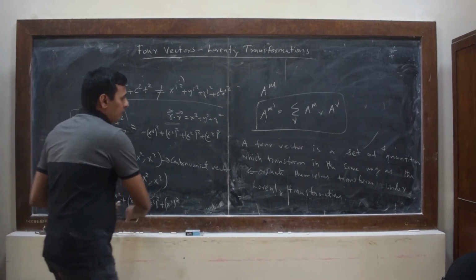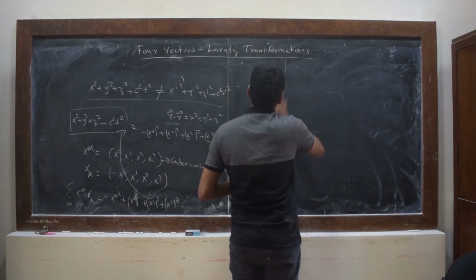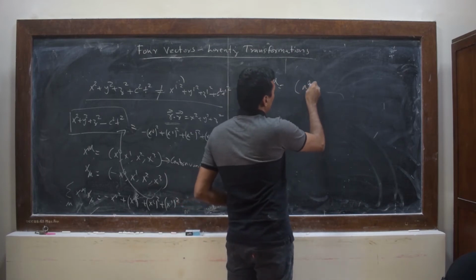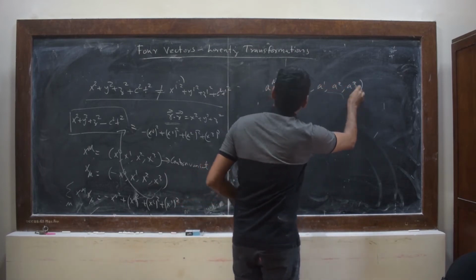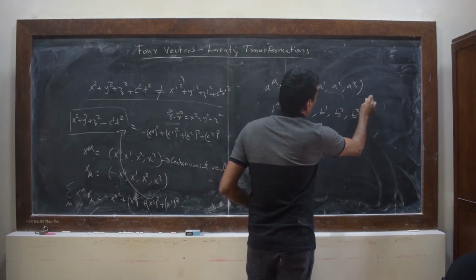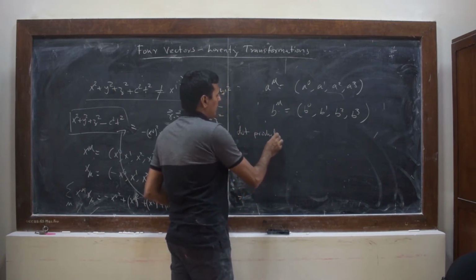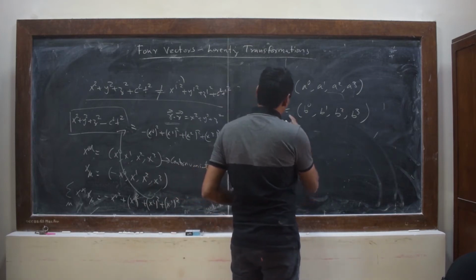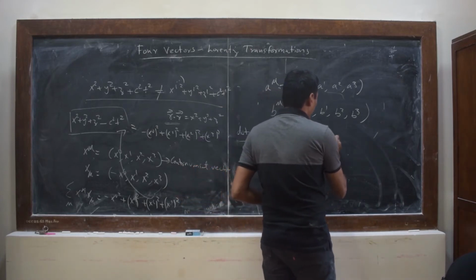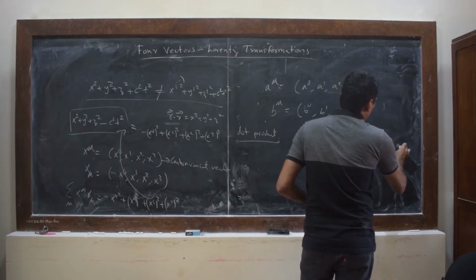Now instead of this, if you have two vectors a and b, where a mu is a 4 vector whose components are a0, a1, a2, a3, and you have another vector b mu equal to b0, b1, b2, b3, the dot product of these two is given as A mu B mu, which is equal to minus A0 B0 plus A1 B1 plus A2 B2 plus A3 B3.